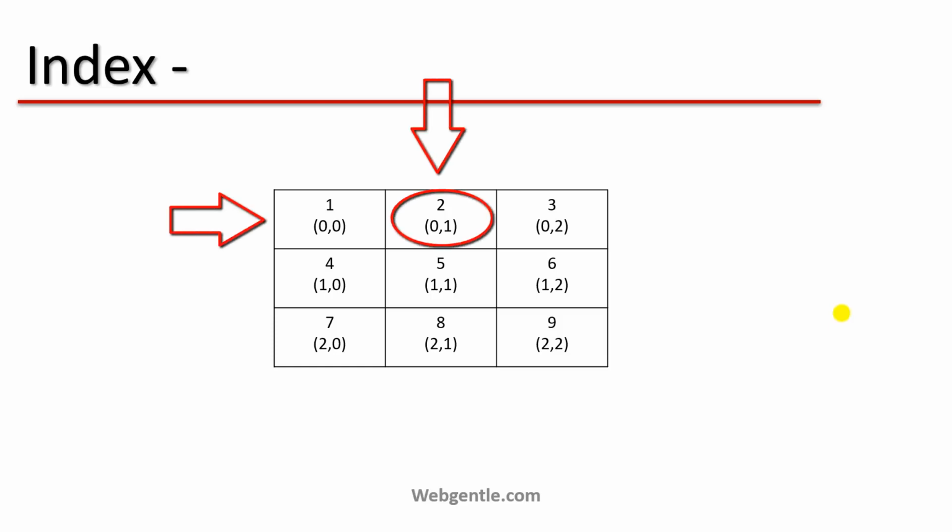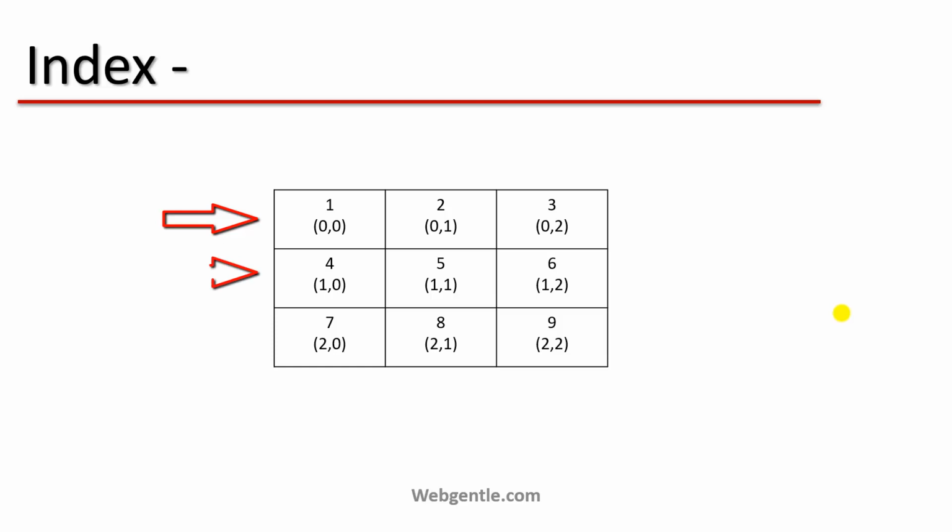Now we are talking about the first row and the second column. Index-wise, the first row will have index 0, then the next row will have index 1, and then the next row will have the second index. Similarly, if we talk about the columns, the first column will have index 0, the second column will have index 1, and then the third column will have the second index.